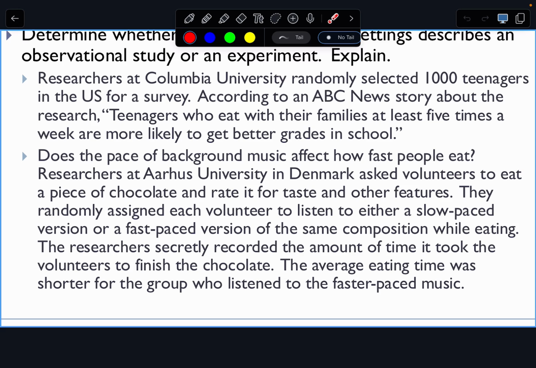So as we're looking at that then, they selected 1,000 teenagers in the U.S. for a survey. Because I randomly selected my sample, I would be able to take these findings and generalize them to a larger population, all teenagers in the U.S. But based on these findings, can I say that eating with your family will cause you to get better grades in school?